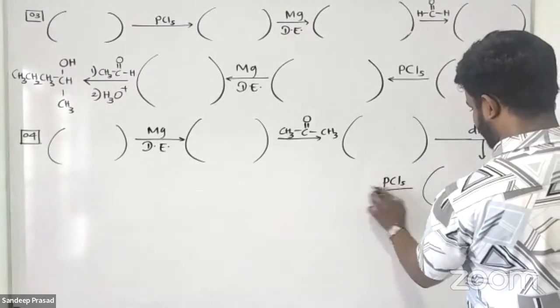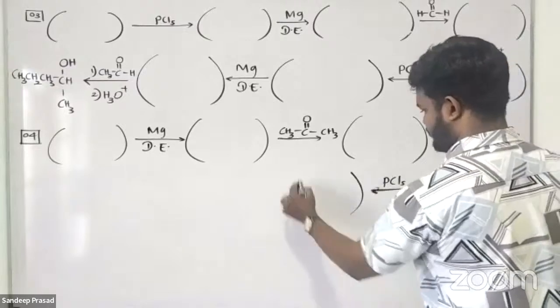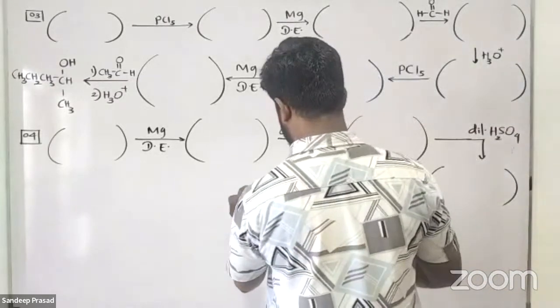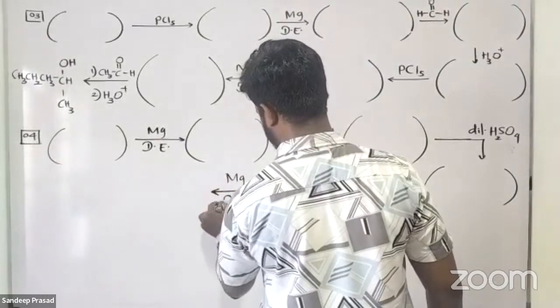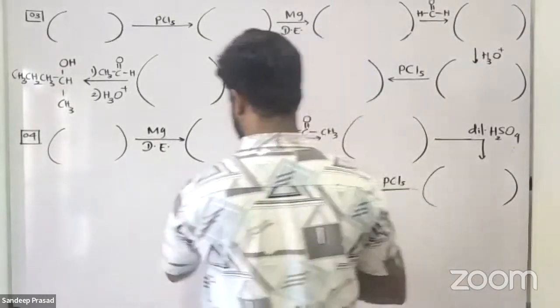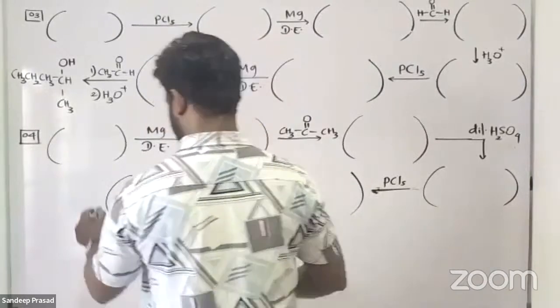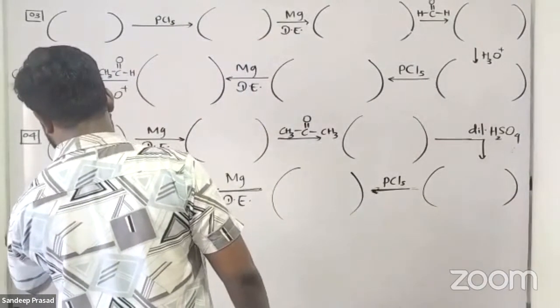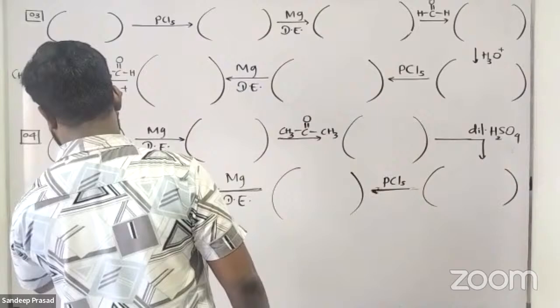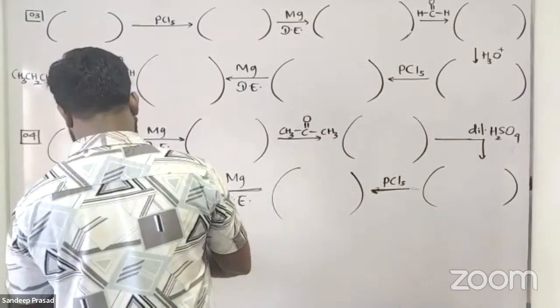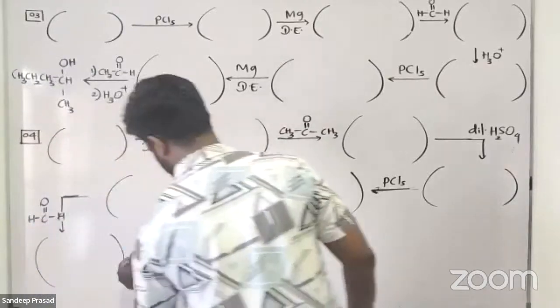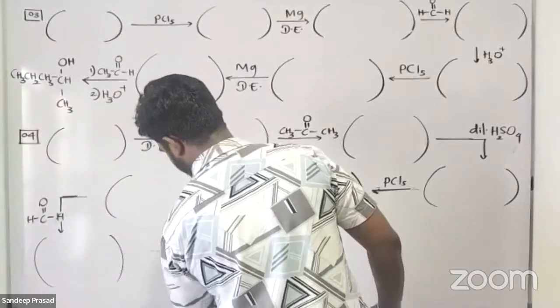And then PCl5 is added here. Next, magnesium and ether again. Then they have added methanal. In this way, finally, they have added H3O+.